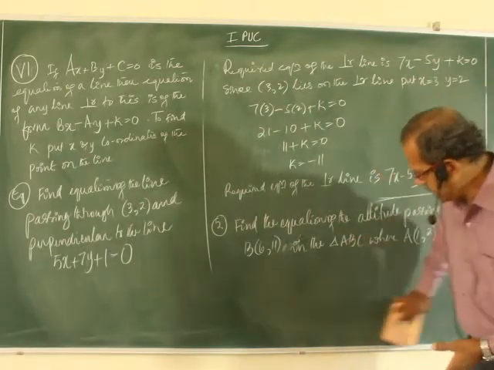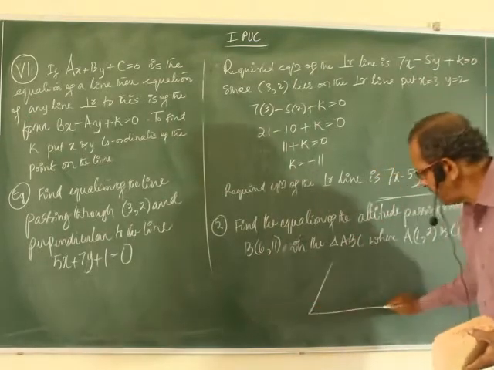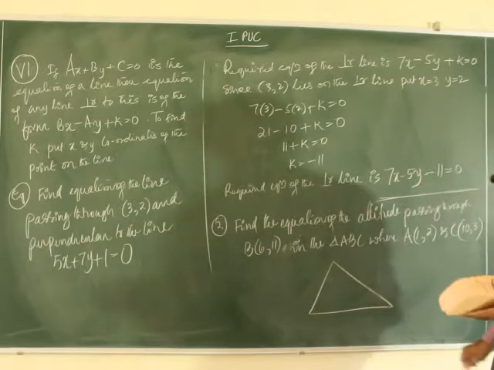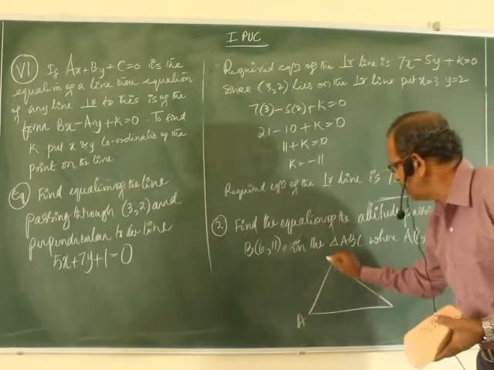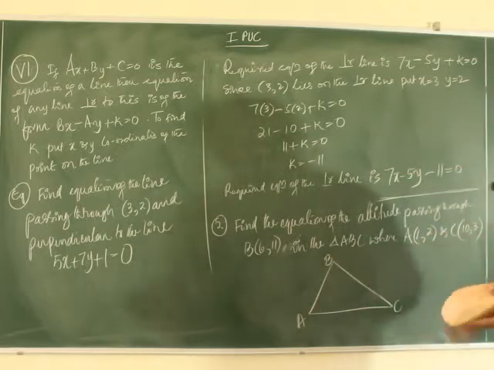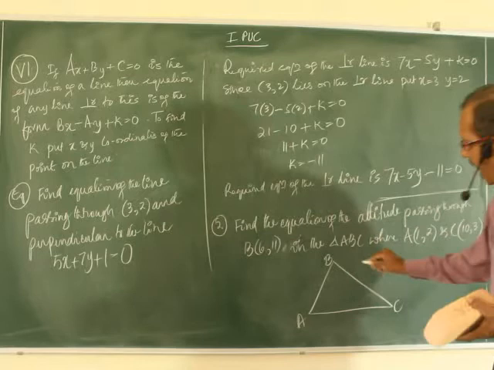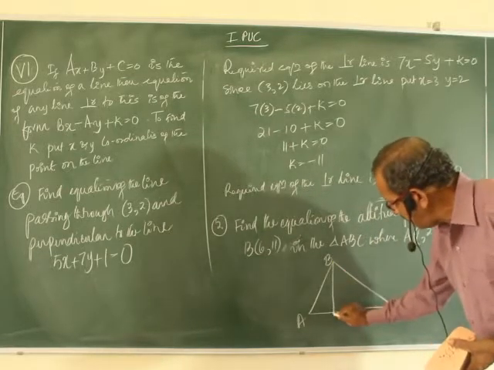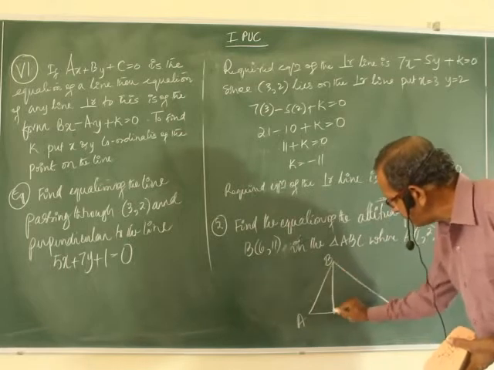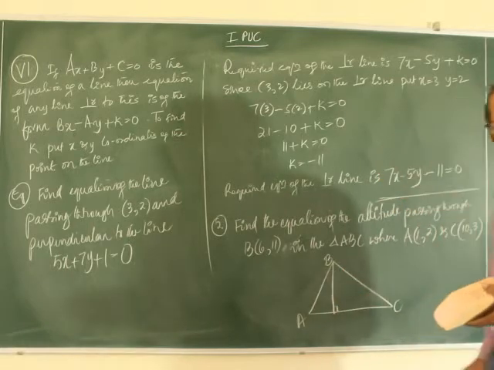Let me draw the triangle here itself. Triangle ABC. A, B, C. Find the equation of the altitude. Remember, perpendicular. Altitude, height. Remember, it is perpendicular.